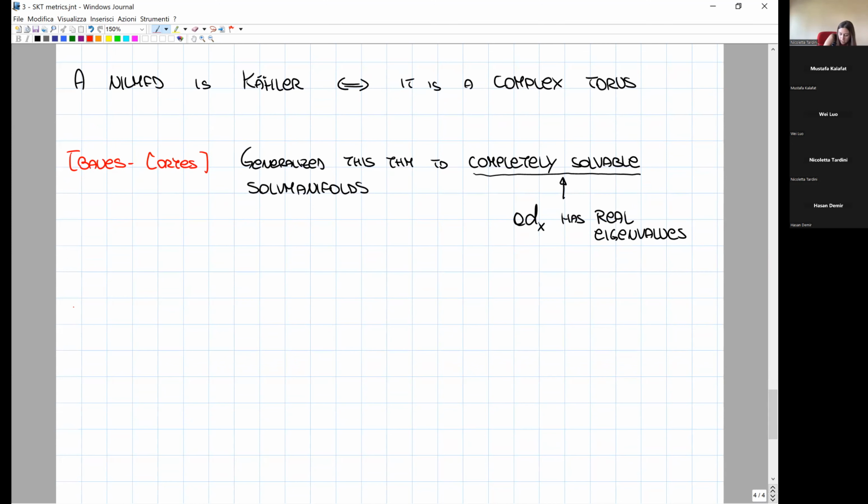In the general solvable case, we have a theorem also by Hasegawa in 2006.